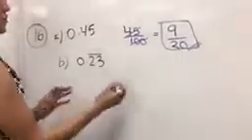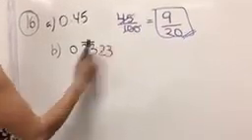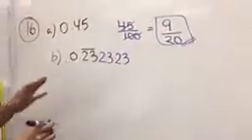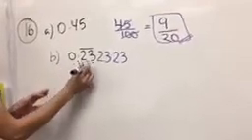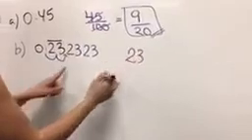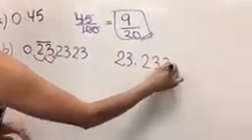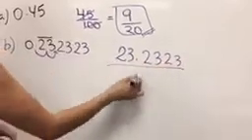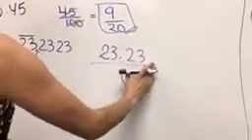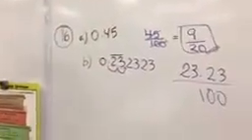So I'm going to continue this, and what comes next, because the 23 is repeating, is 23. Now I can use that rule, move this twice to the right. That makes 23.23, and if you want to write more 23s, that's fine too, as many as you want. And put that over 100. I don't find it necessary. If you write just 23.23 over 100, that's fine for me.